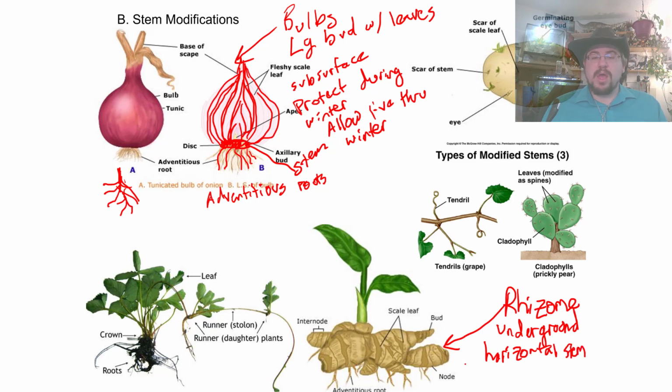The rhizome also has adventitious roots. And at the nodes, right, we have little scale-like leaves. So here's a scale-like leaf at the nodes.